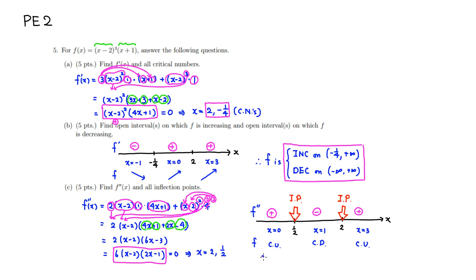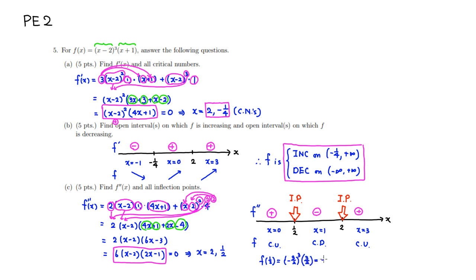If you plug 1/2 into the original function, 1/2 minus 2 is negative 3/2. You have to cube that, and 1/2 plus 1 is 3/2.